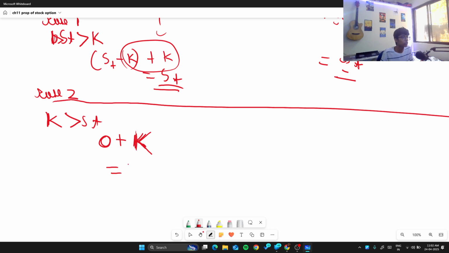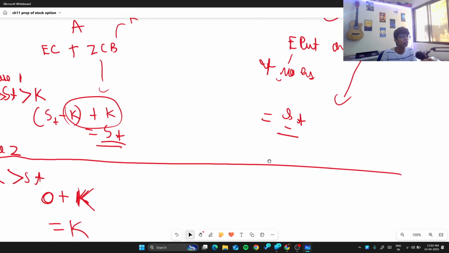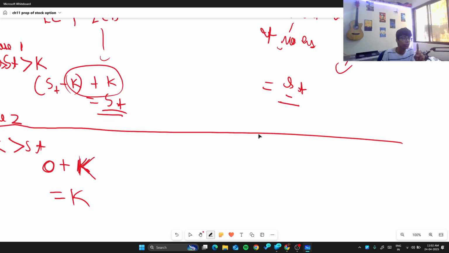So then the price of portfolio A would be K, because we will not exercise our call option. But in portfolio C we will exercise it because K is greater than ST. So our payoff would be K minus ST, and the stock payoff would be plus ST, right?